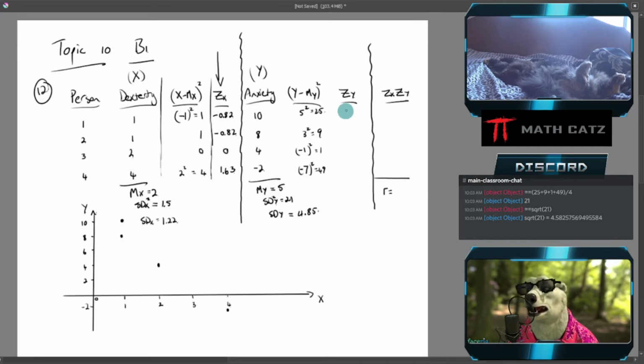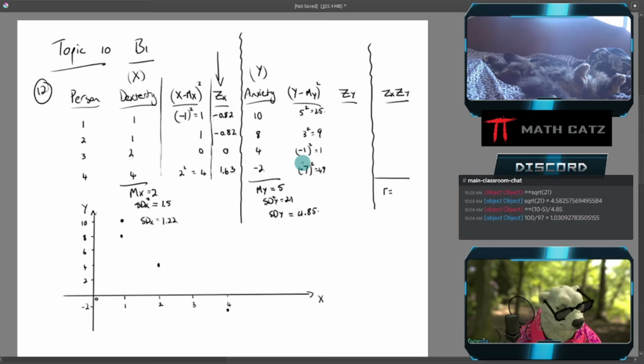So let's calculate this first one. Raw score is 10 minus the mean of 5 divided by 4.85, the standard deviation. And we get a 1.03.